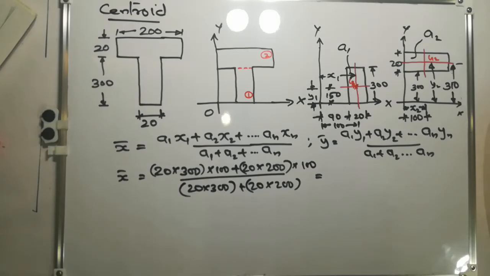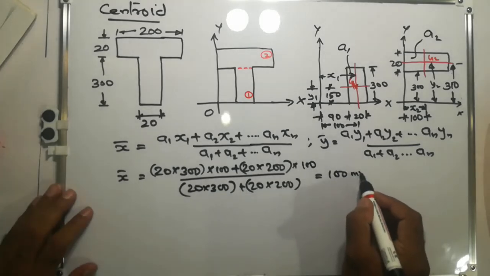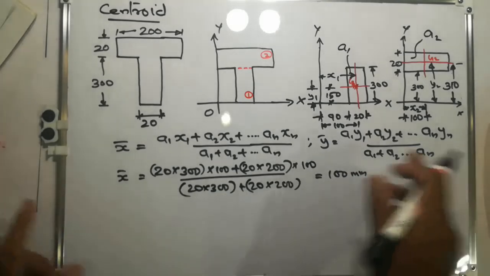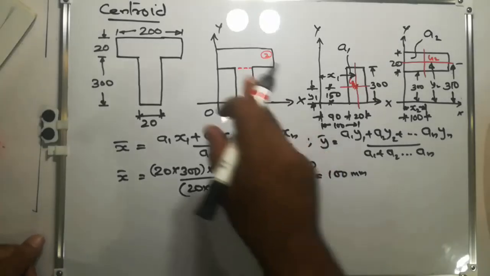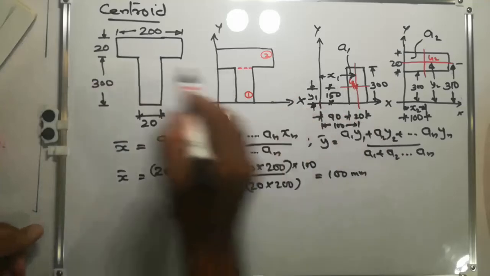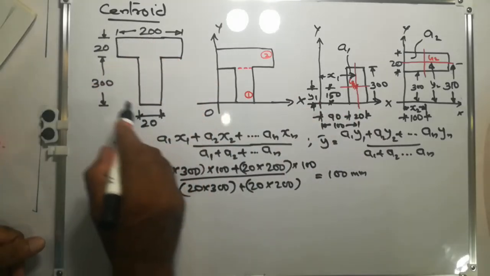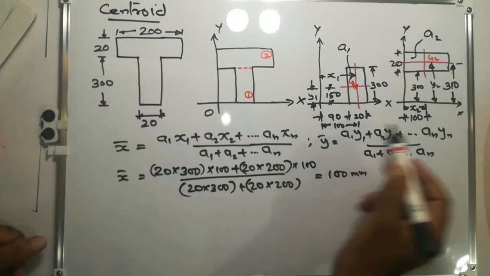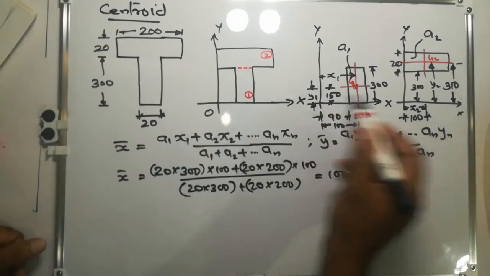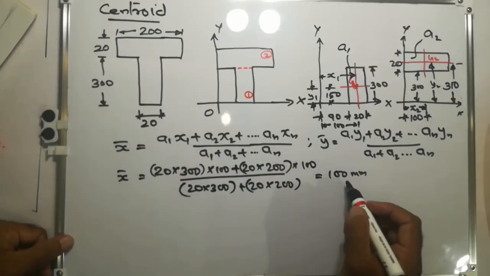We will get it as 100 mm. In this case, x bar is the same as the centroidal x distance, that is 100, for both the areas from the y-axis. Therefore, even if you calculate this, you will get 100 mm.